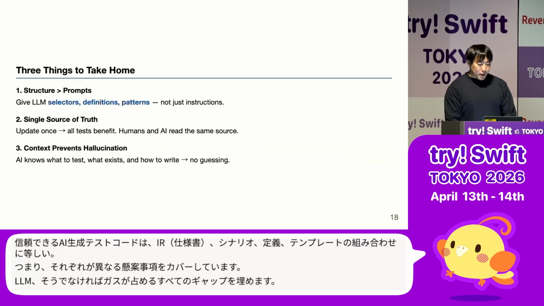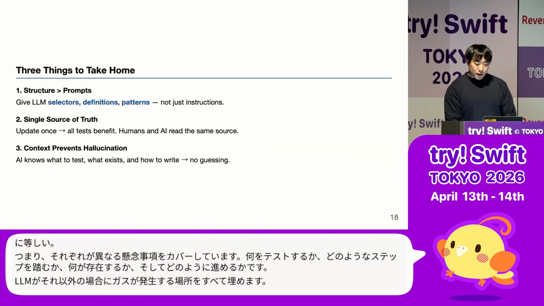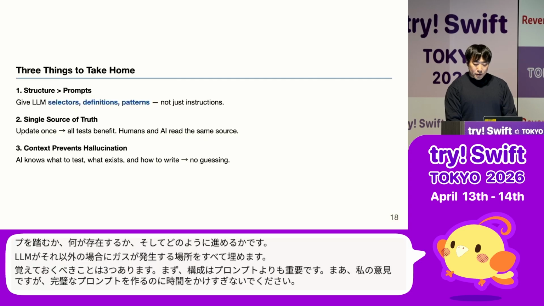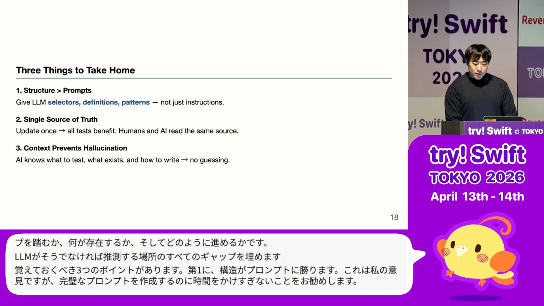So, three things to remember. First, structure beats prompt. This is my opinion, but don't spend too much time crafting the perfect prompts. Instead, spend time organizing your selectors, definitions, and patterns into files that the LLM can read.